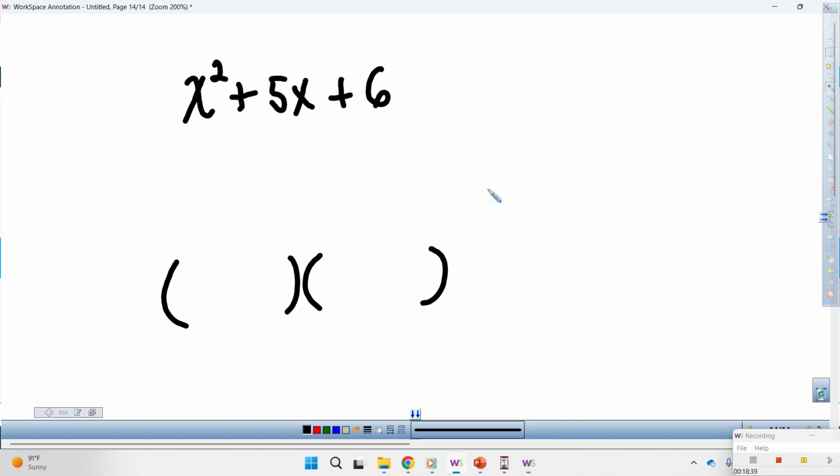So I take this number, write it on top with a little multiplication sign. Don't copy this, I'm just reviewing. Then I take this number and I write it down here with a plus. So my question is, what two numbers multiplied give me 6 that when you add them give us 5? 3 and 2 or 2 and 3? I'm going to do 2 and 3 like Michael Jordan.